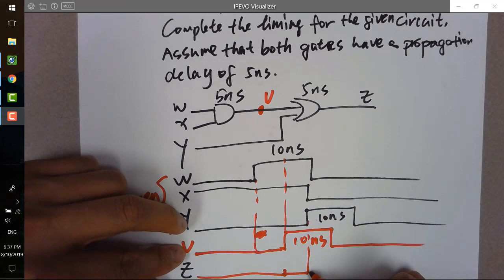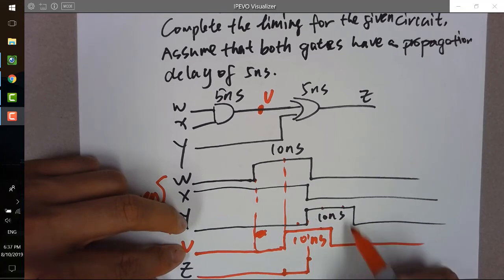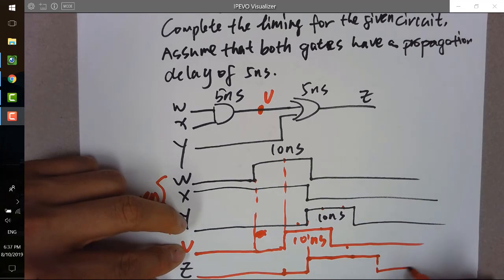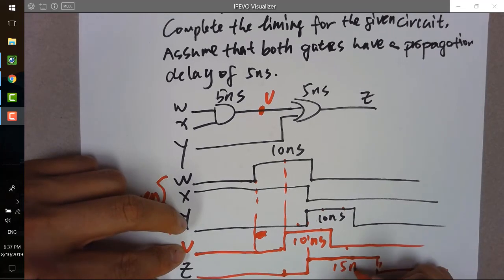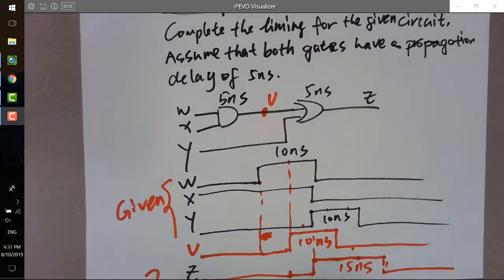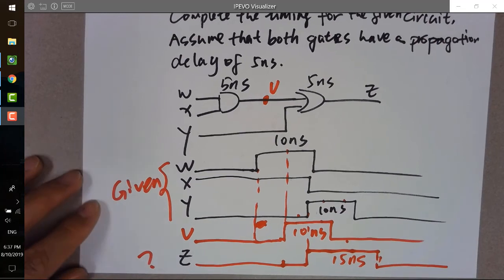And so 1, 0 will be 1, 1, 1 will be 1, 1, 0 will be 1 as well. So it's going to last for a little bit longer after this. It will be 5 nanoseconds longer, so it's totally 15 nanoseconds here. Okay. All right, so that's how you do it.